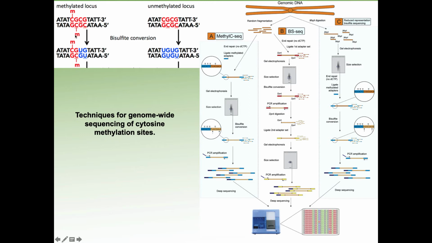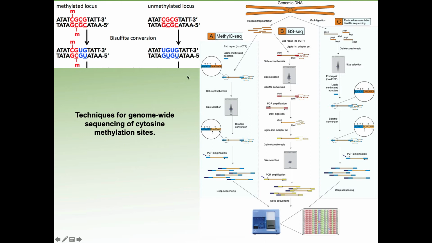So when we sequence these regions, we can figure out which regions were methylated and which weren't, based upon the patterns of uracil substitutions.